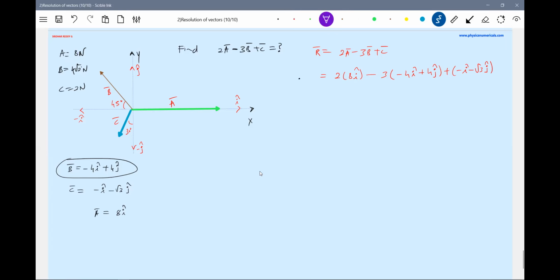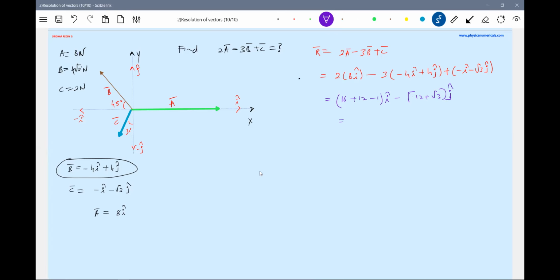Then we will change all this. So this will be 16 plus 12 minus 1 i cap. Then this will be minus 12 plus root 3, this will be j cap.